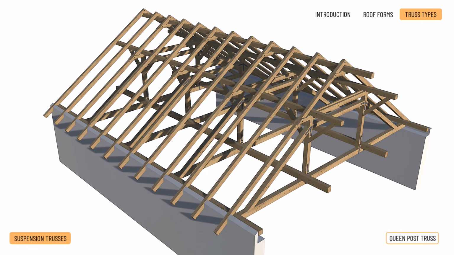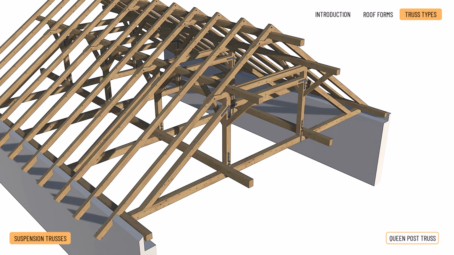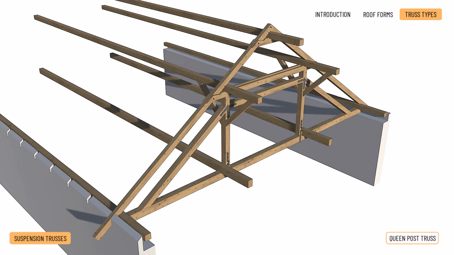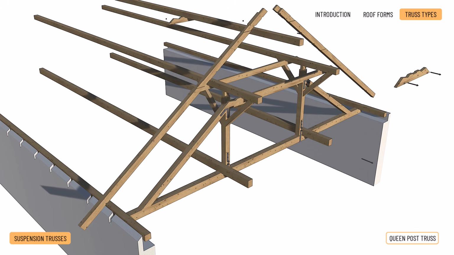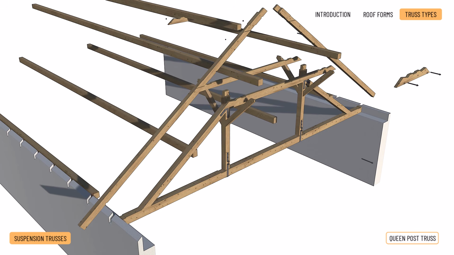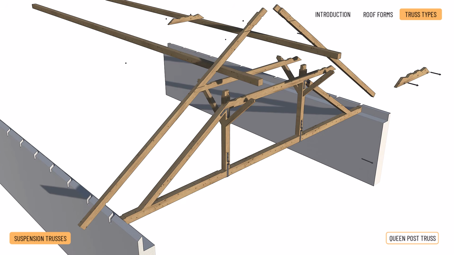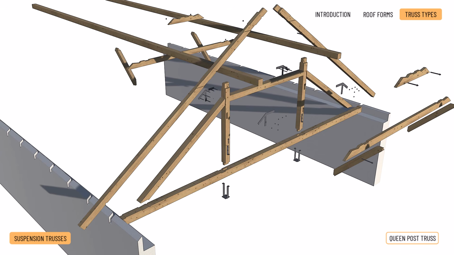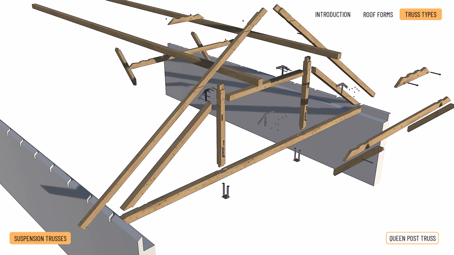Queen post trusses. Queen post trusses hang suspension posts from the purlins. Purlins are placed on top of the rafter ties, suspending the tie beam at 2 points. The suspension system is completed with straining beams, horizontally compressed beams, connecting the upper junctions of the inclined struts.